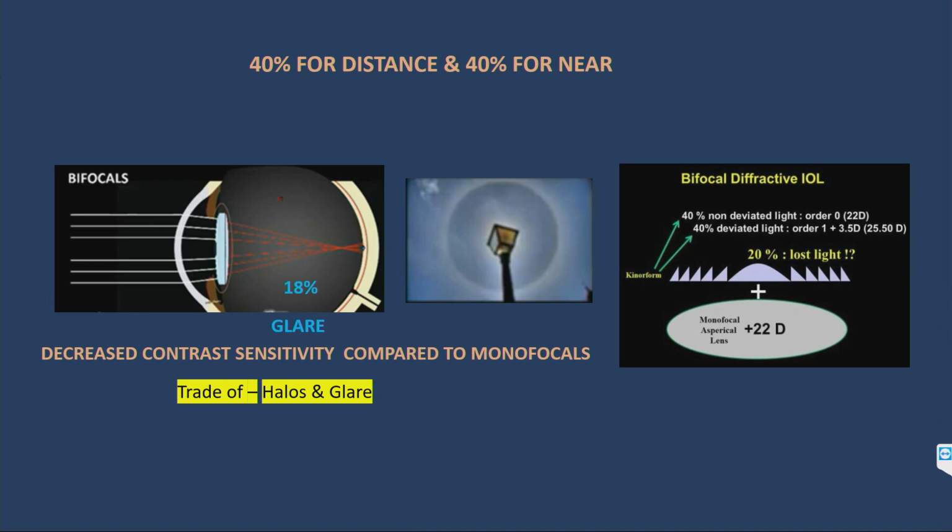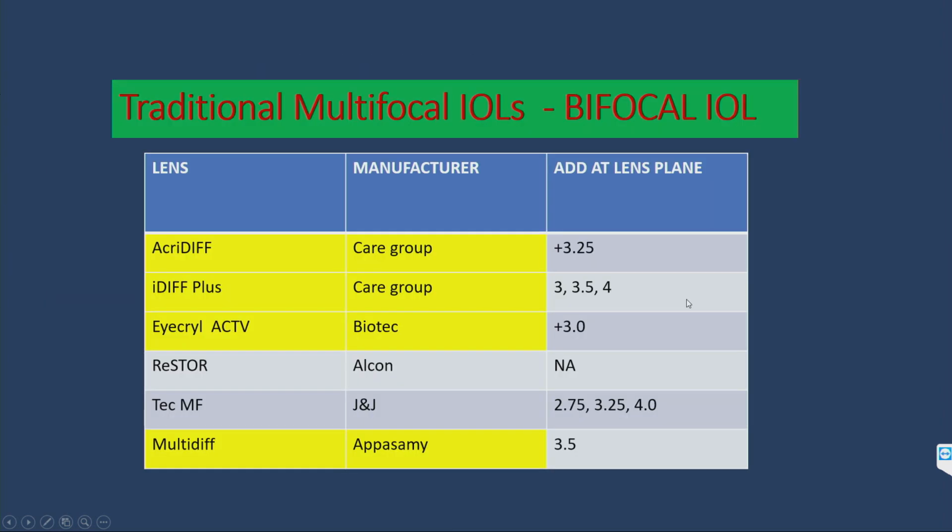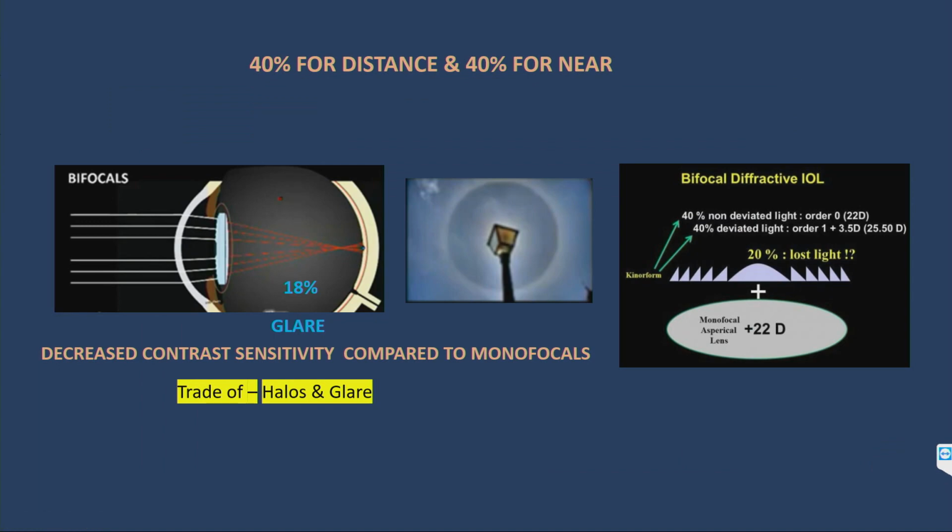These lenses split the light, 40% for distance and 40% for near, and the remaining 18 to 20% of the light was dispersed, that is scattered or lost, and this produced glare. Since they had two focal points, at each of these points they had a second superimposed image from the first one, so there were halos around lights, and this was their disadvantage.